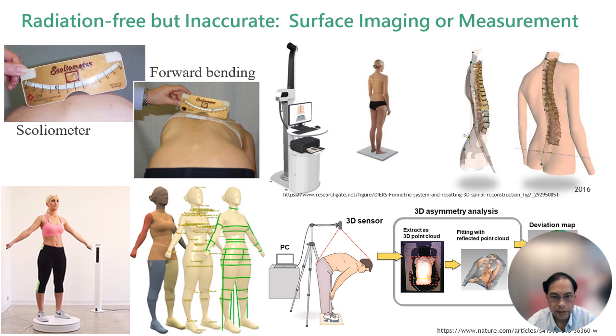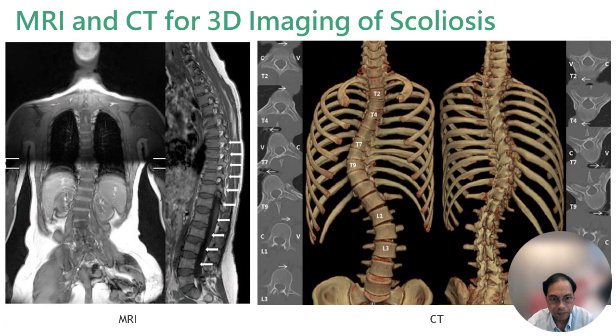So it can be used for screening or in some other cases like monitoring of progress, but only roughly, not accurately. We can use MRI or CT to obtain accurate 3D imaging of the spine. CT has radiation, but MRI does not.